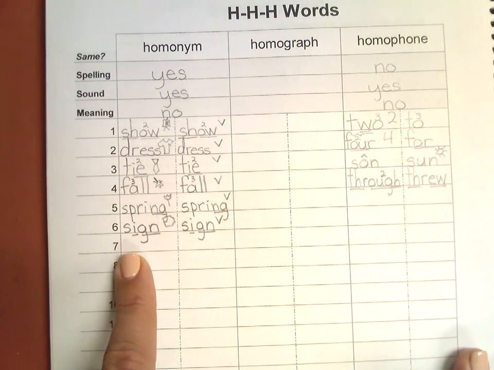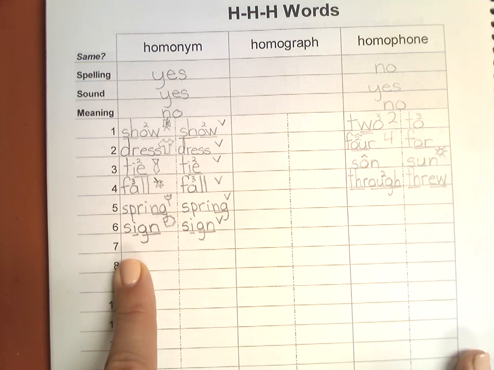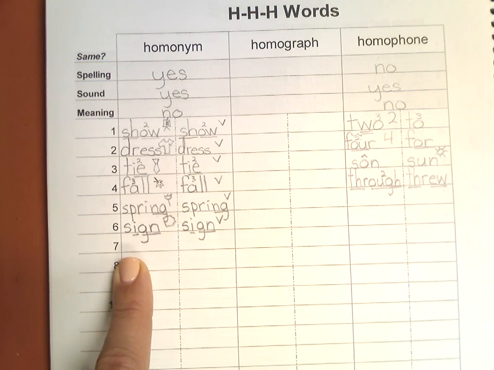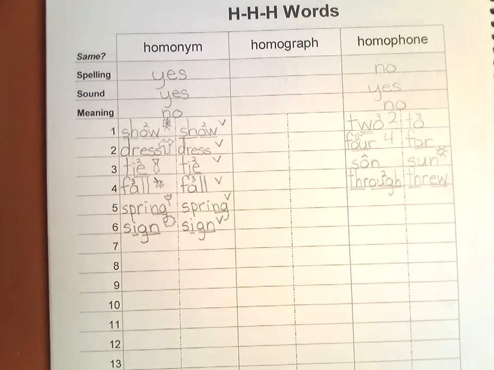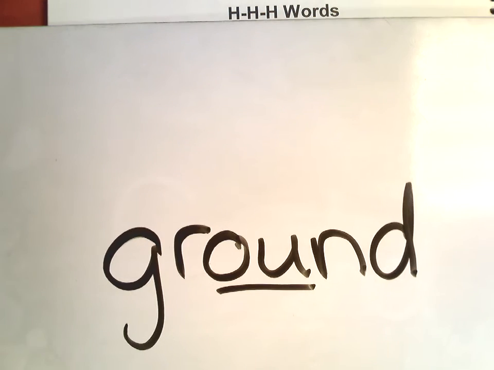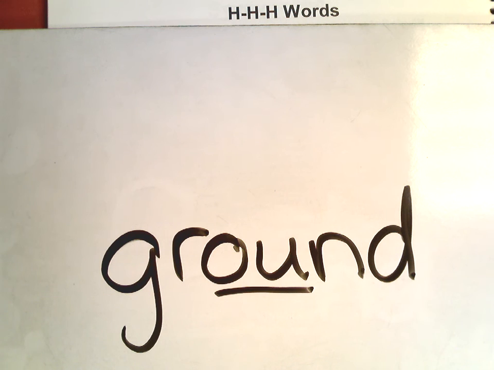So let's go ahead and write it. Which ow are we going to use in ground? Good, ow, o, ooh. Go ahead and write that. And mark it. And make sure it looks like this.